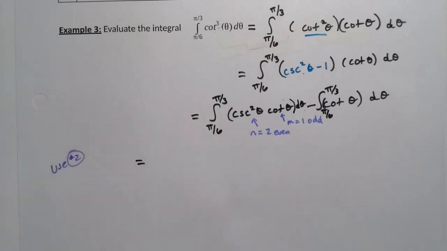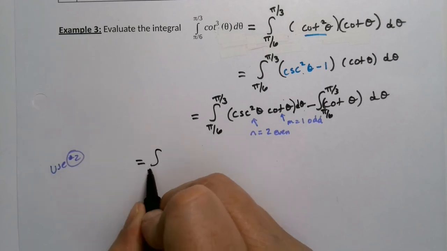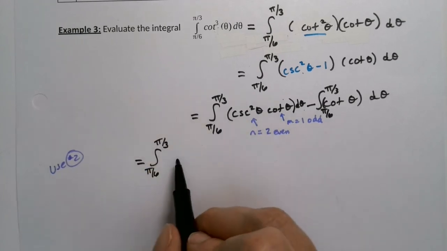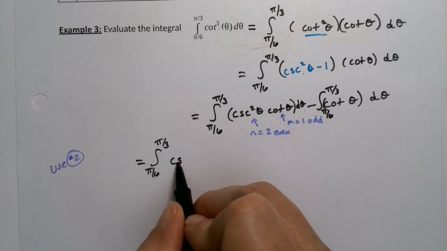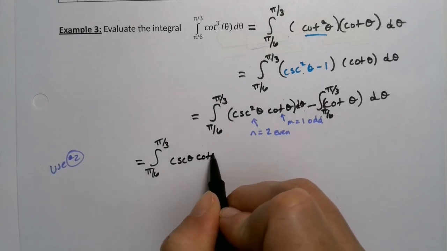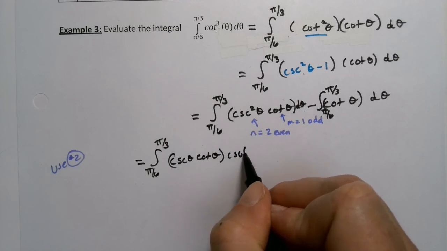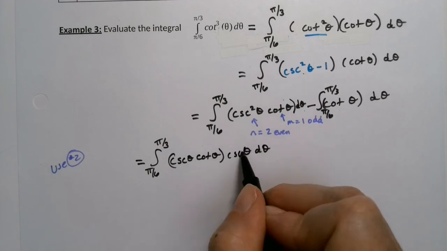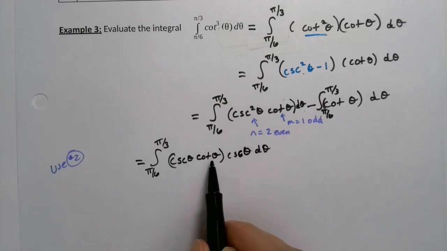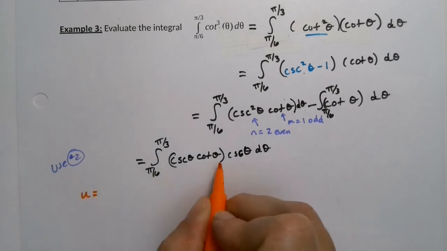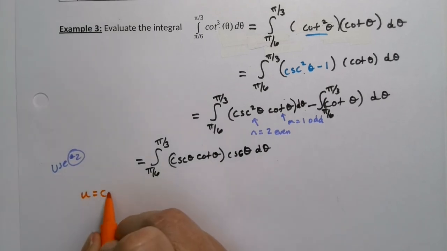Why not? So this will be the integral from pi over 6 to pi over 3. And then I'm going to split it off and make it a cosecant theta cotangent theta, and then I have another cosecant theta, d theta. So cosecant, cosecant, cotangent. I'm going to let u be equal to the cosecant of theta.